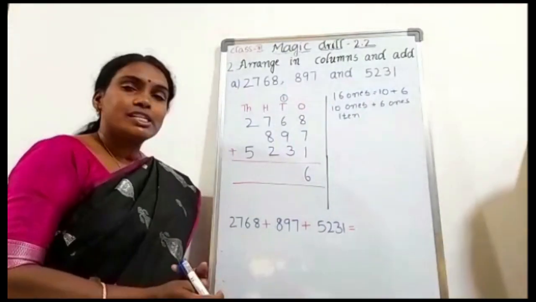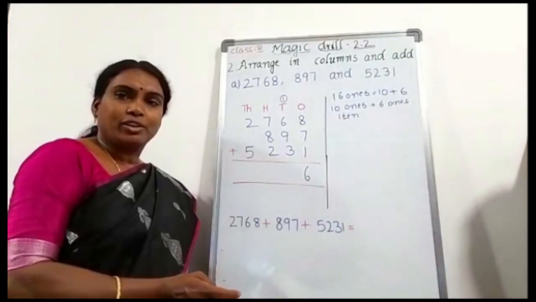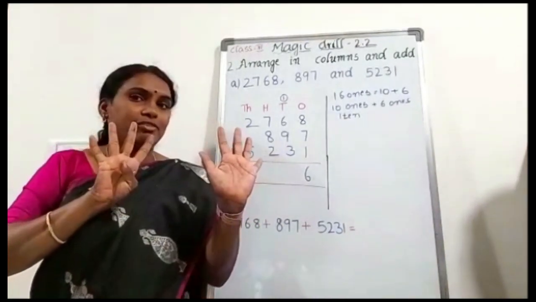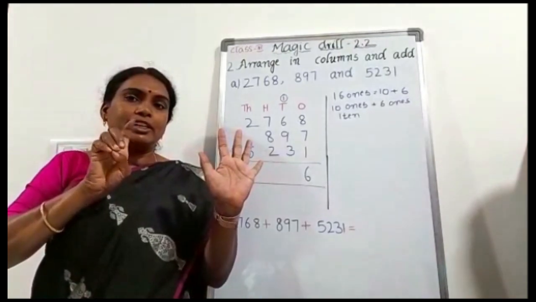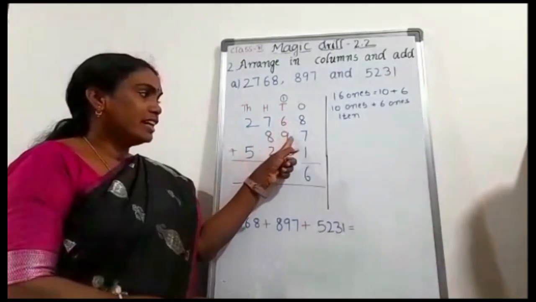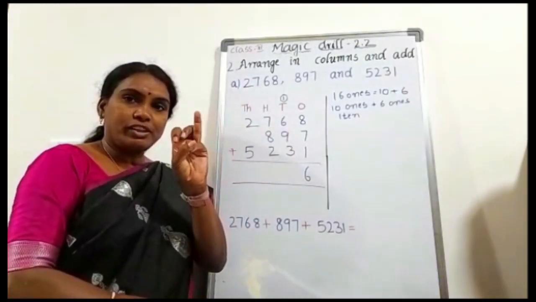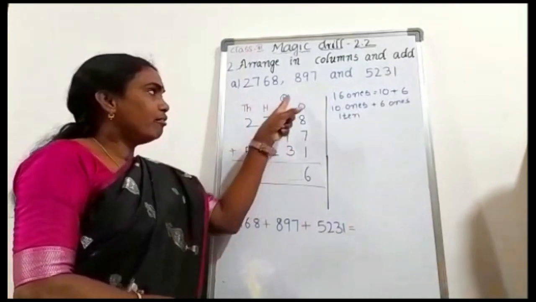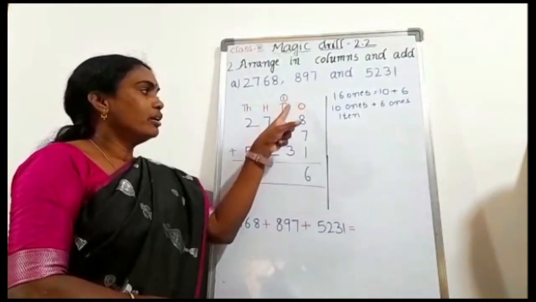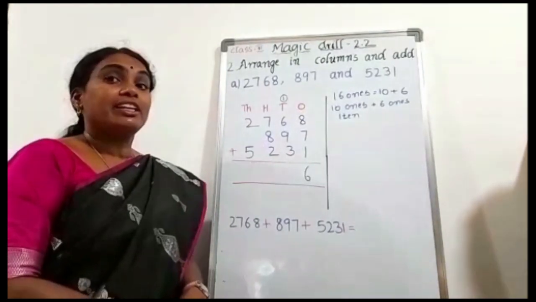In the tens column there are 6 tens, 9 tens and 3 tens. First we add the 6 and 9. 6 after 7, 8, 9, 10, 11, 12, 13, 14, 15. So 6 plus 9 is 15. 15 plus 3: 16, 17, 18. 18, and the 1 ten is added, which means regrouped. Yes, children. 18 plus 1 is 19. So 19 tens.